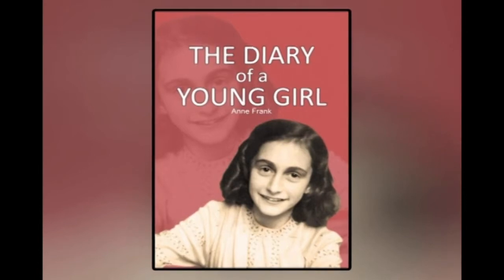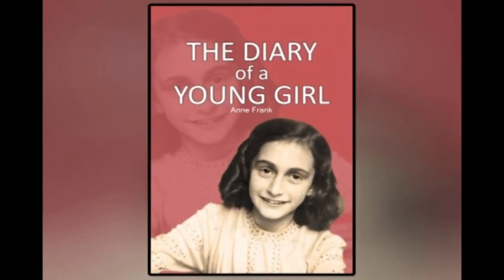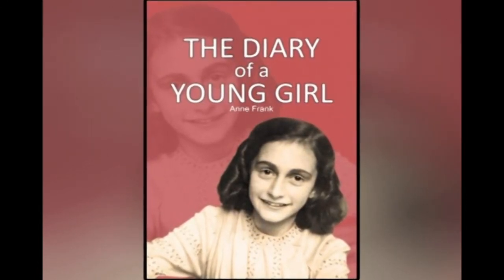Autobiography is a narrative written by a person about his own life. For example, if we look, this is a book written by a young girl called The Diary of a Young Girl. This is an autobiographical narrative that tells us the story of a young girl during World War II.